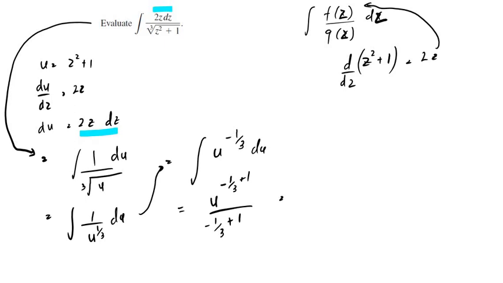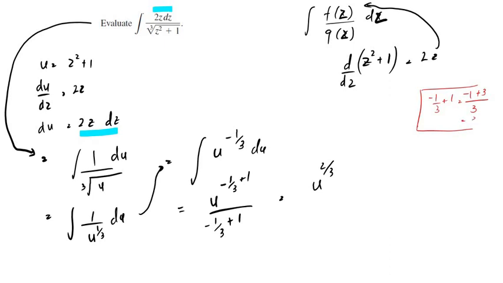So it is u to the power 2 over 3, because minus 1/3 plus 1, I'll do that on the side, is equal to, the common denominator is 3, minus 1 plus 3.